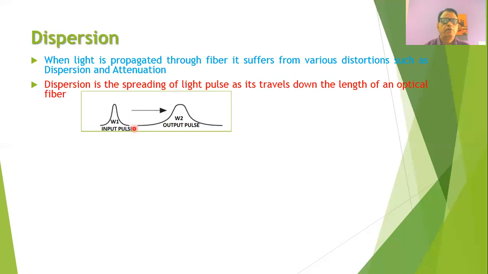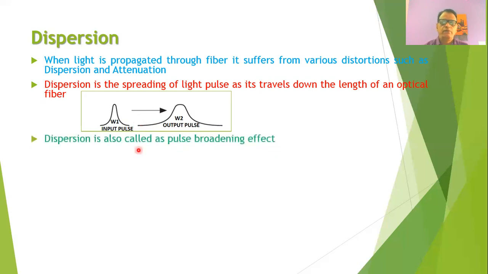Say, for example, we have an input pulse of which the width is W1. When this pulse is propagated through the fiber, at the end we receive a pulse of which the width is W2. One can easily observe that the width W2 is higher than the input pulse width W1.